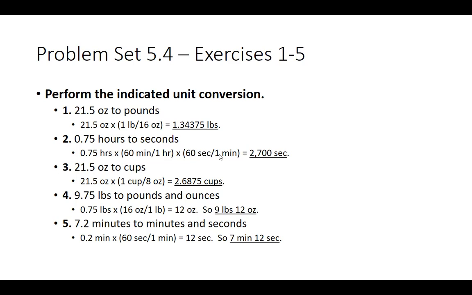And then getting rid of minutes and leaving us with seconds requires minutes on the bottom and seconds on top. The math, 0.75 times 60 divided by 1 times 60 divided by 1 gives us 2,700, and the units we're left with are seconds.